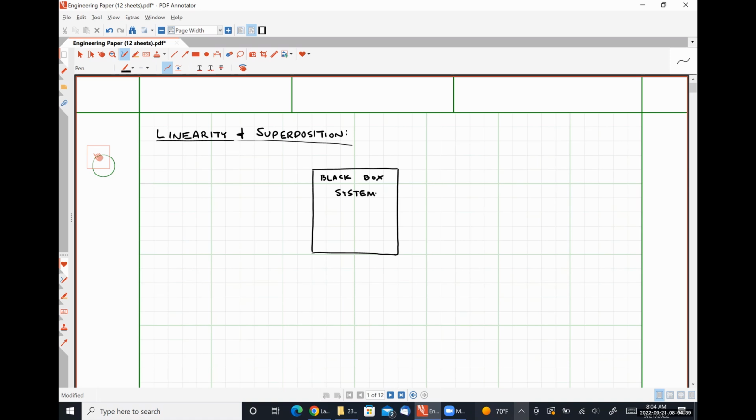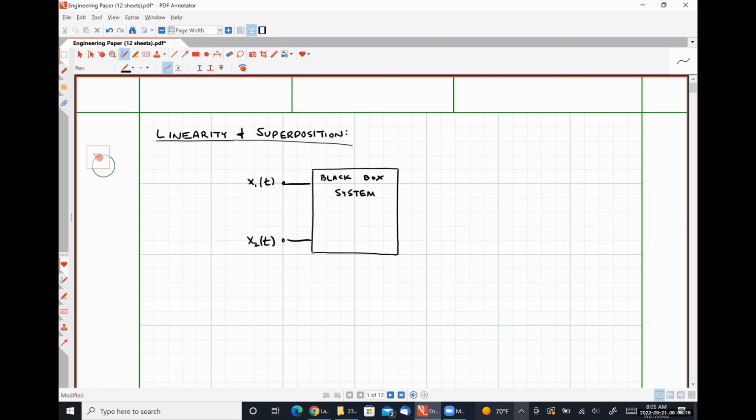On the left-hand side of our black box system is where we apply inputs. I'm going to consider a system that has two inputs. I'm going to call the first one x1 as a function of time, and the second input x2 as a function of time. X1 and x2 represent voltage sources and or current sources. So things that we use to electrically excite a circuit, okay?